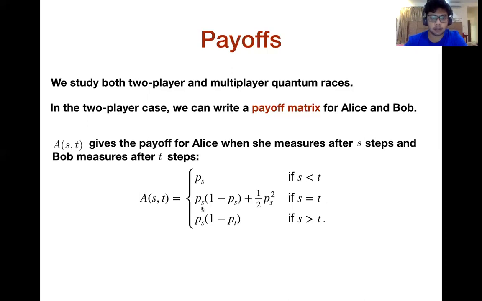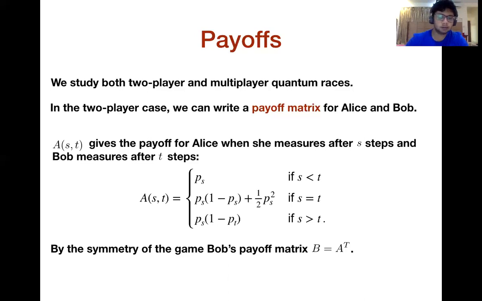One, Alice has to win and Bob has to lose, or in case both of them win, then the $1 is shared between them. And Bob's payoff matrix is just a transpose of Alice's payoff matrix.